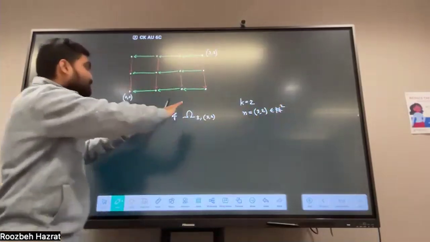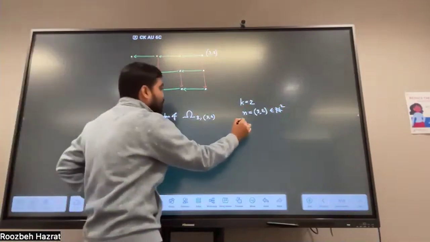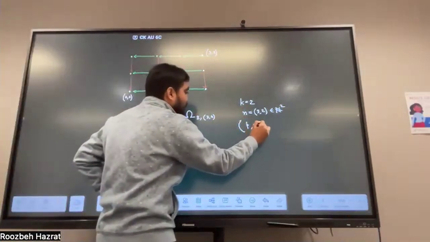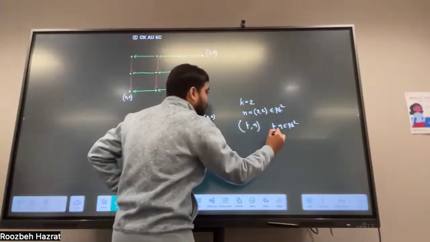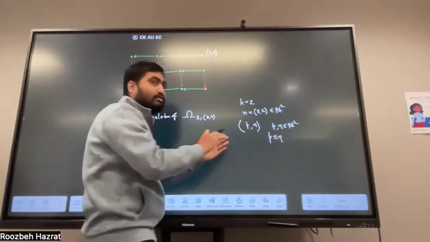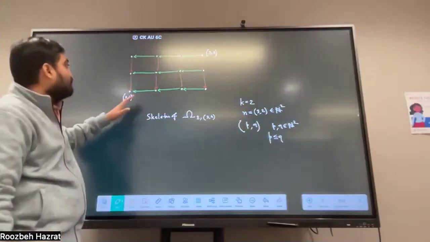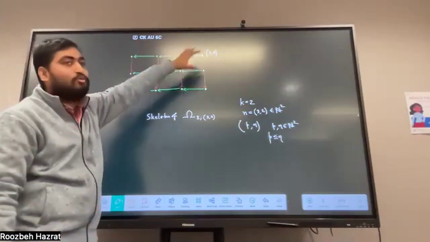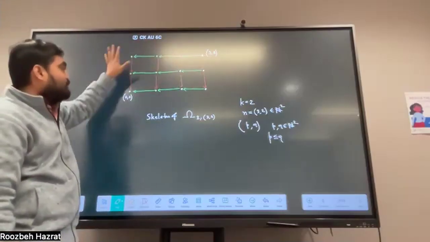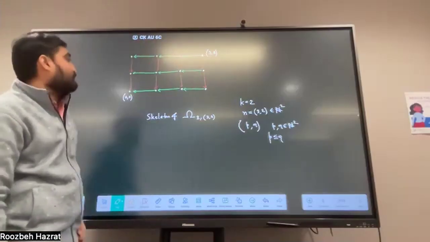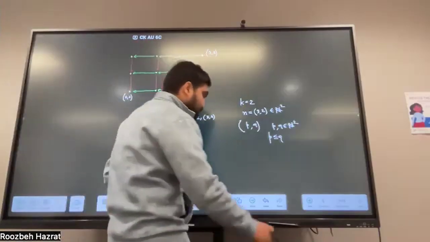Then your category consists of morphisms of this sort, right? pq, with p and q in N^2 such that p is less than or equal to q in the coordinatewise ordering. And then you have only finitely many such nodes starting from 3 to 6. And then you have this picture of this higher rank graph.